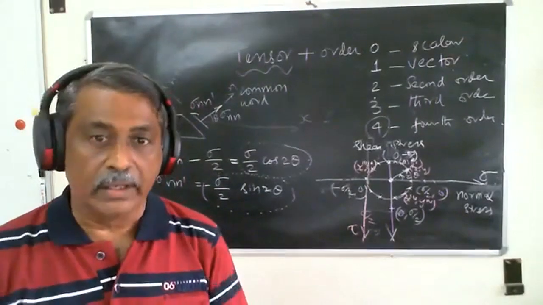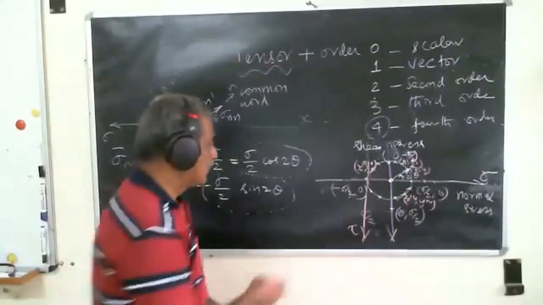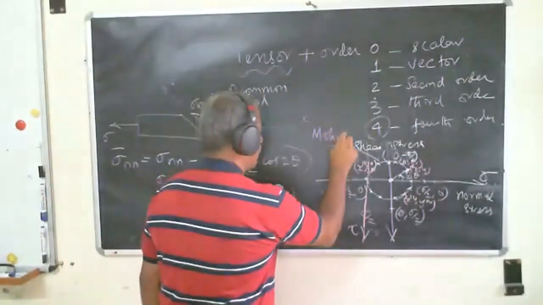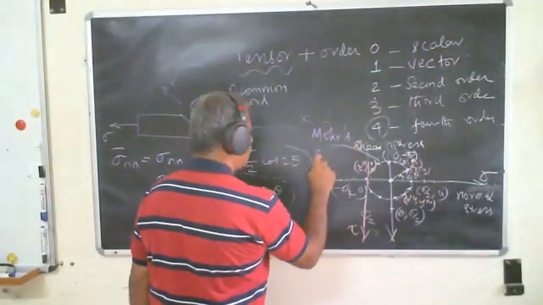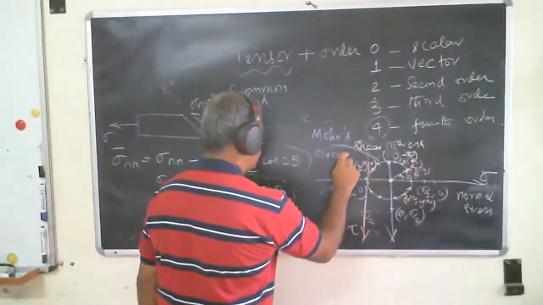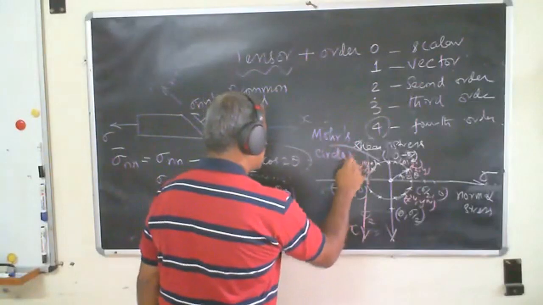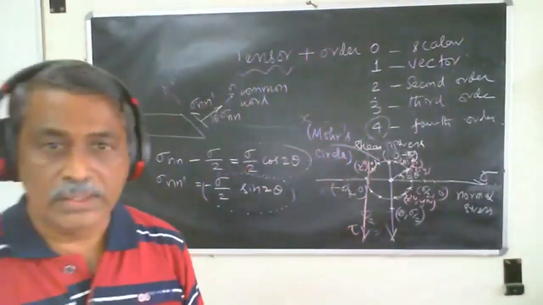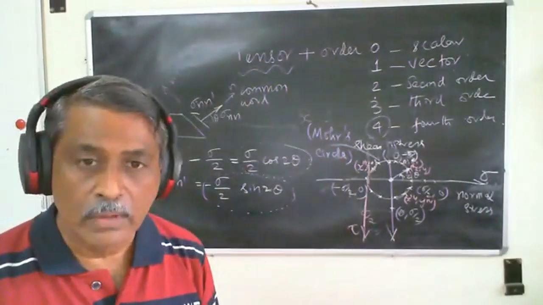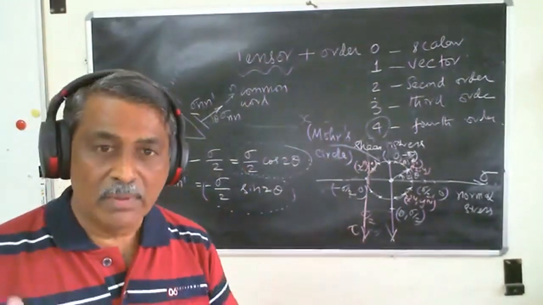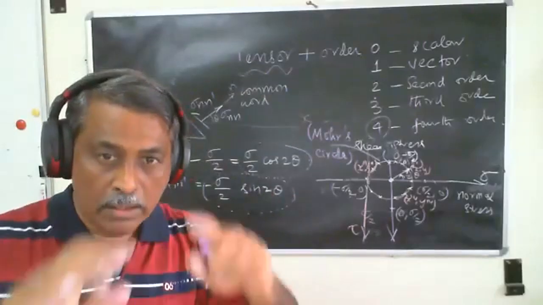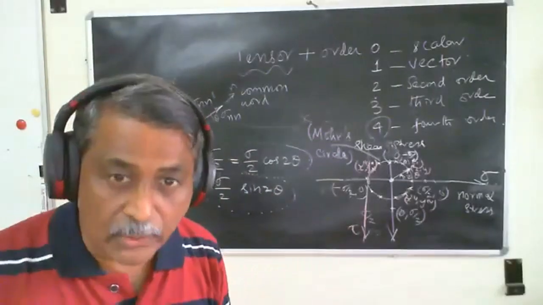Is the concept clear? This is popularly called Mohr's circle. Because in those days, during Mohr's time, which is 1.5 centuries ago, it was easier for them to plot and obtain the values.